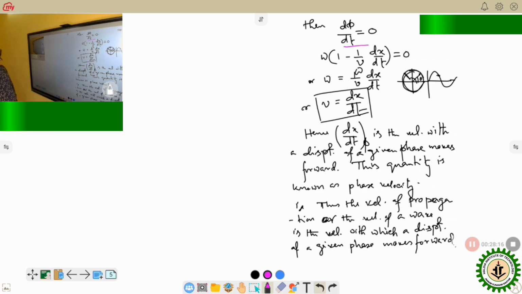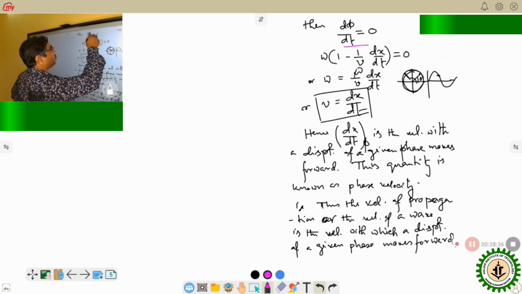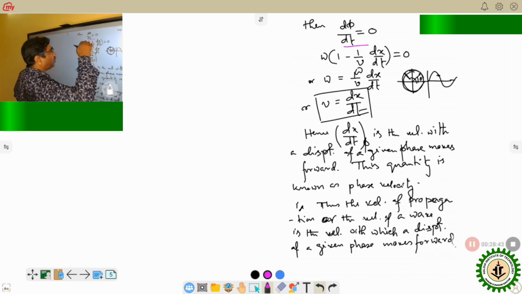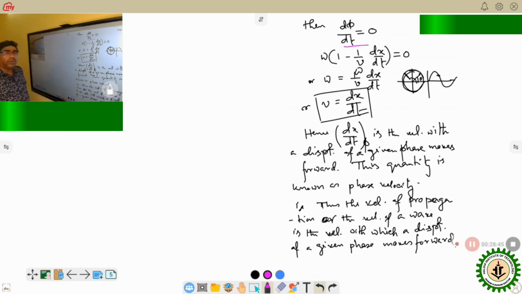According to the concept of phase velocity, we are going to measure the velocity of that wave, so obviously I am watching that particular phase over time. Since I am observing a particular phase, the change of phase with respect to time is 0.